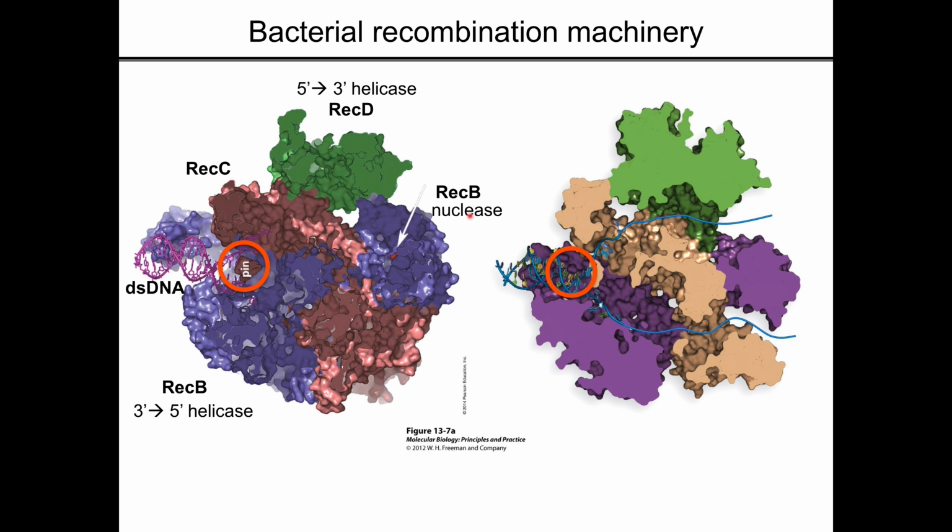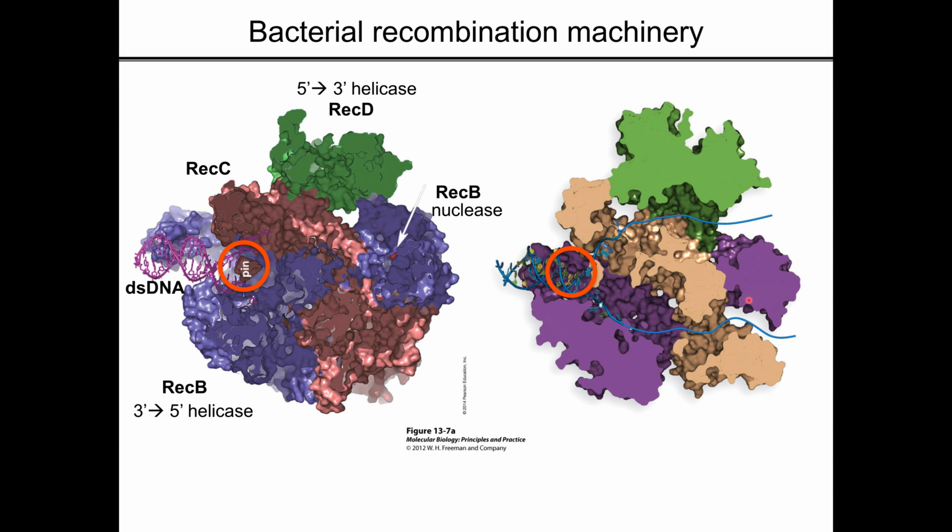In a cutaway view of this complex with DNA bound, I hope you can appreciate that right here is the pin domain of RecC splitting the double-stranded DNA into single-stranded. RecB, 3' to 5', is acting on this single-stranded DNA to pull it through. RecD is working 5' to 3' to pull this strand through. And both of these single-stranded DNAs exit this complex near the nuclease domain of RecB.